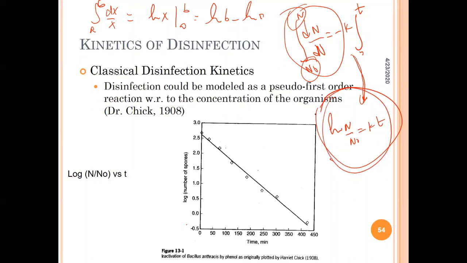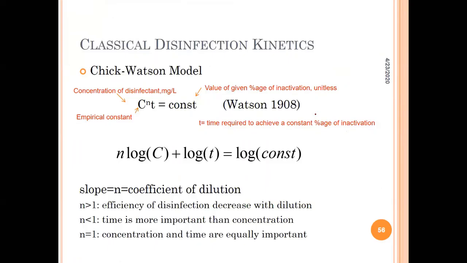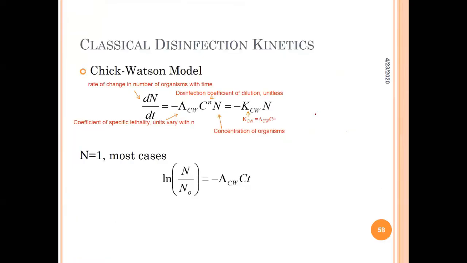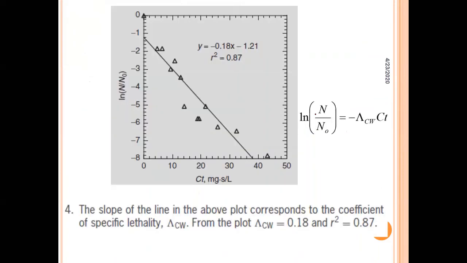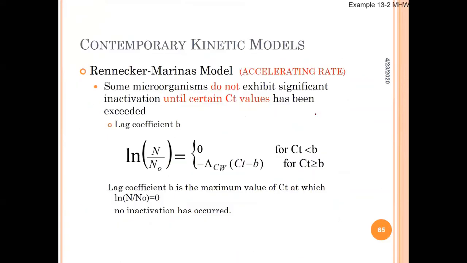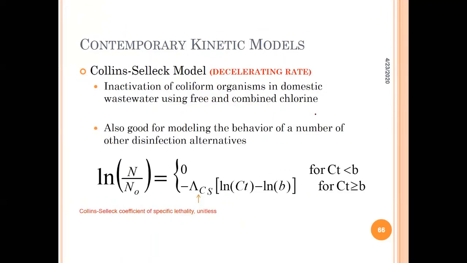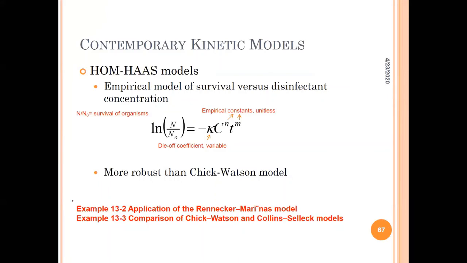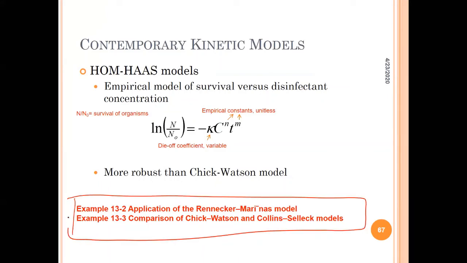Okay, this is one thing. And another thing is you have to read these models which I mentioned to you, the Renneker Marinis model and Collins Select model, and solve these two examples at home. Just go through the solved examples and understand.